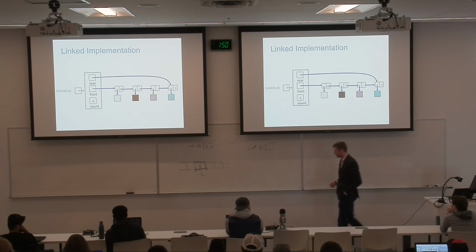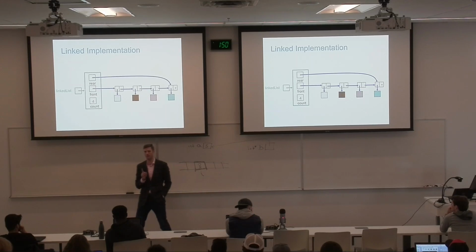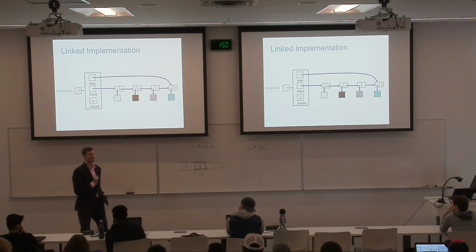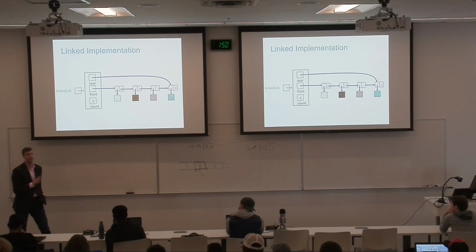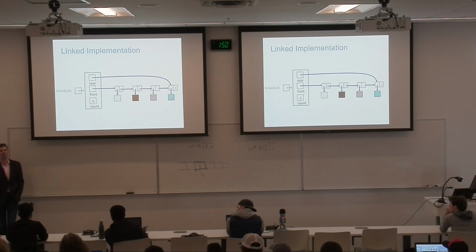Imagine we have our linked implementation, and I have an indexed list, and it's a linked implementation. If I said set something at location i, what would the complexity of that be? One. Why? You have the index to it. I don't.